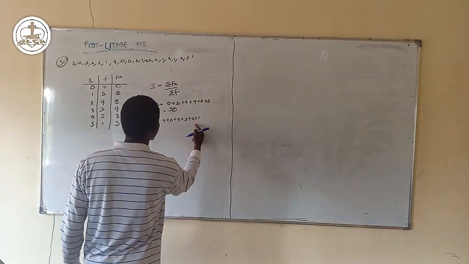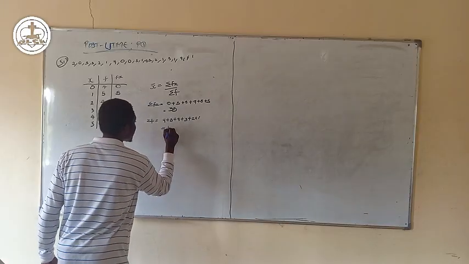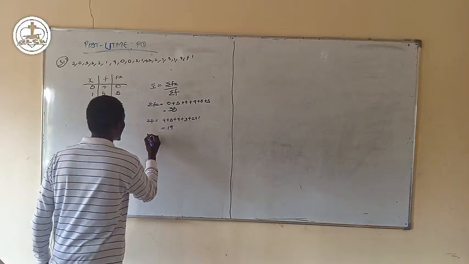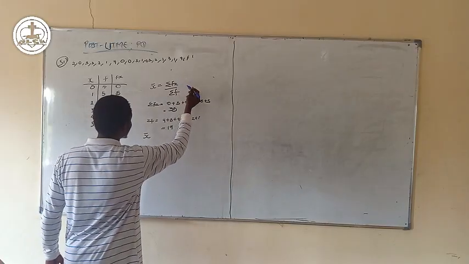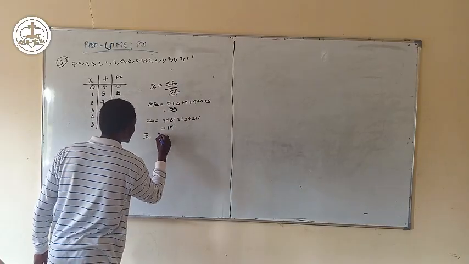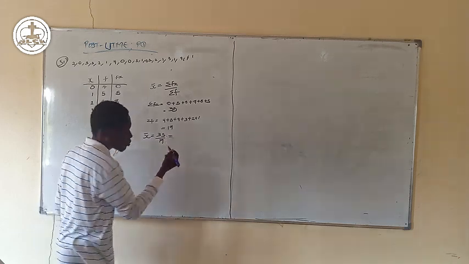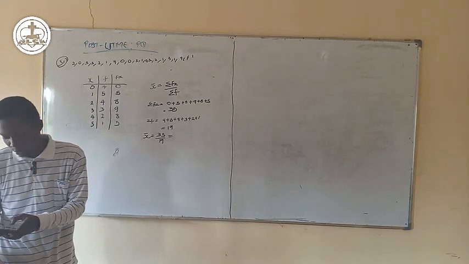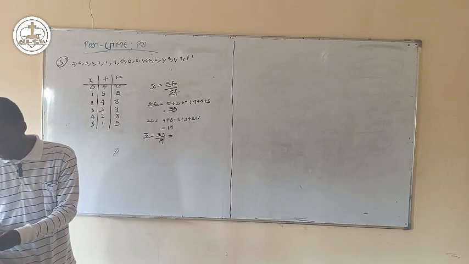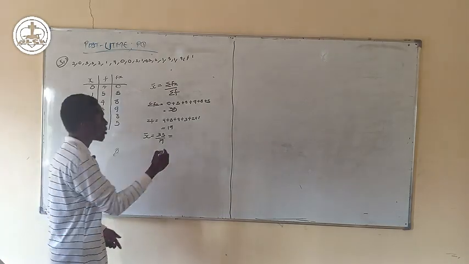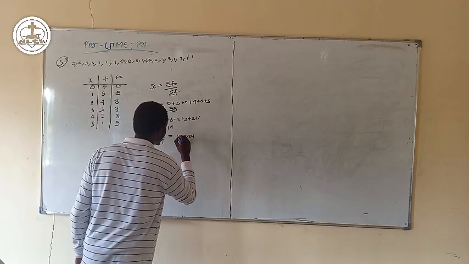Let's add this: 5, 6, 10, everything together is 19. So our mean, according to our formula, summation fx over summation f, will be 35 over 19. When we do our calculation, 35 divided by 19, we will have 1.84 approximately. Let's put this in our answer.